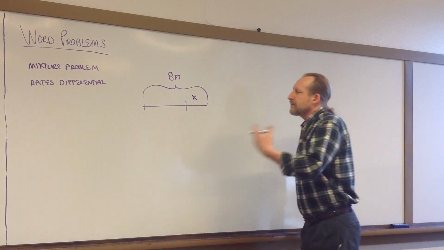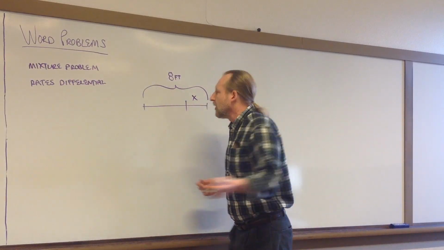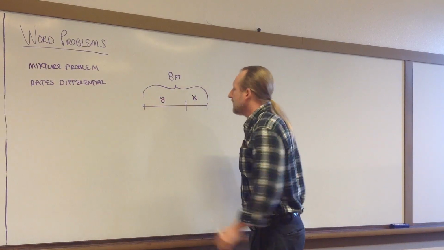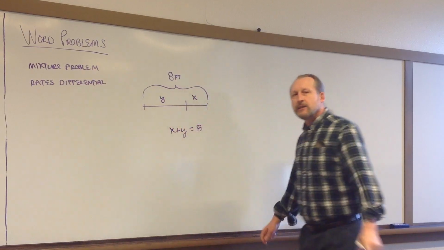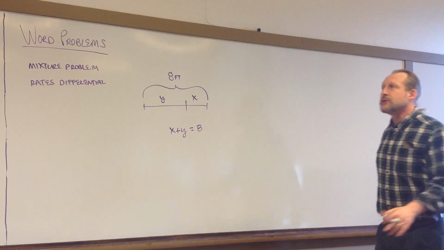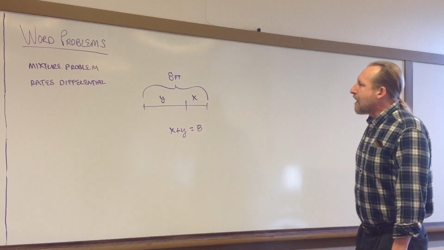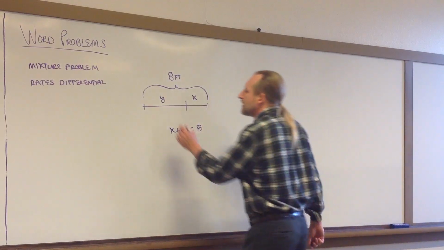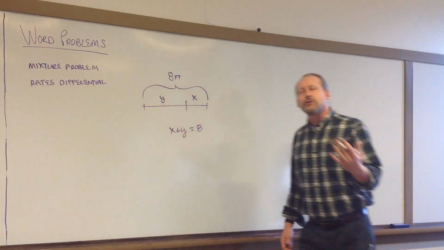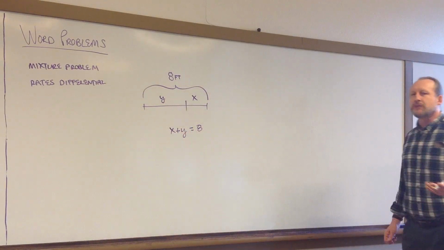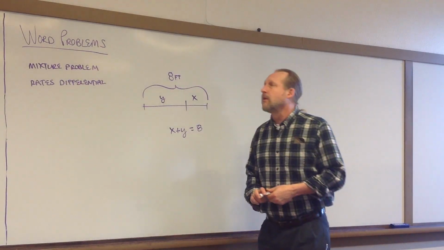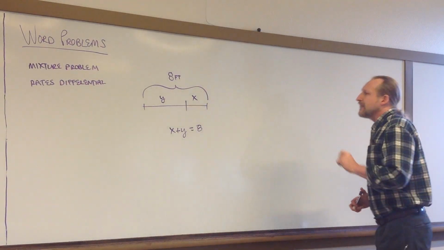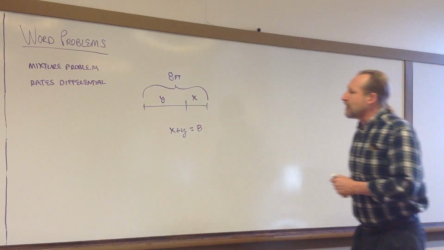Now we don't want to introduce another variable, but we could just call the other piece y, and then say x plus y has to add up to 8. That seems pretty straightforward. But introducing a second variable creates more complications than sometimes we really want in a problem. Sometimes it's unavoidable, but sometimes it is avoidable, and this is one of those situations.